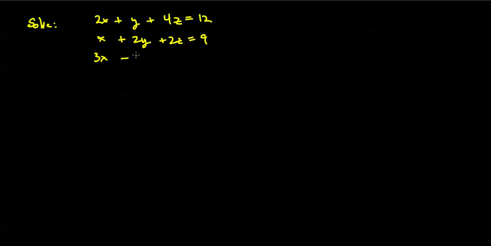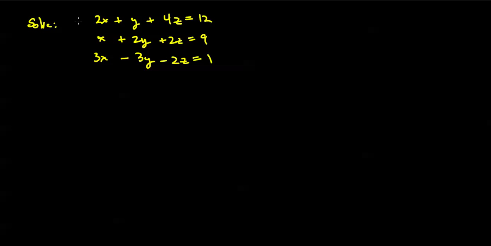I'm going to go back to that original system. Solve 2x plus y plus 4z equals 12. x plus 2y plus 2z equals 9, and 3x minus 3y minus 2z equals 1.